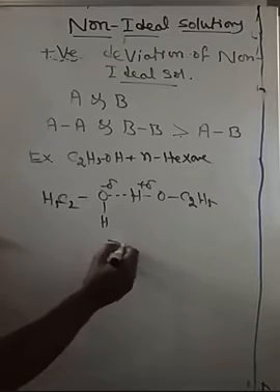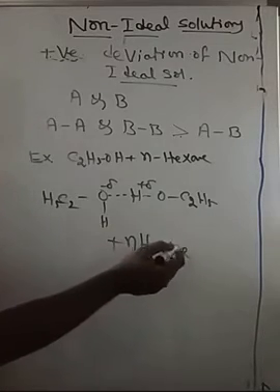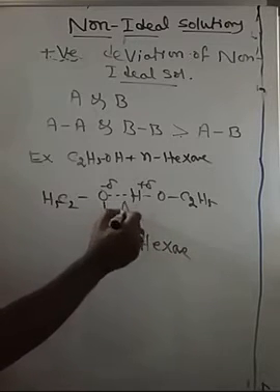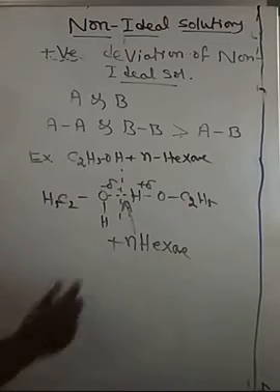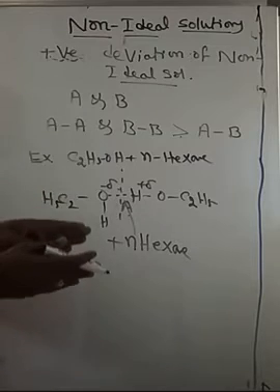After intermixing, the n-hexane molecules interact in between the ethyl alcohol molecules and break down the hydrogen bonds. Therefore the interactions become weak.